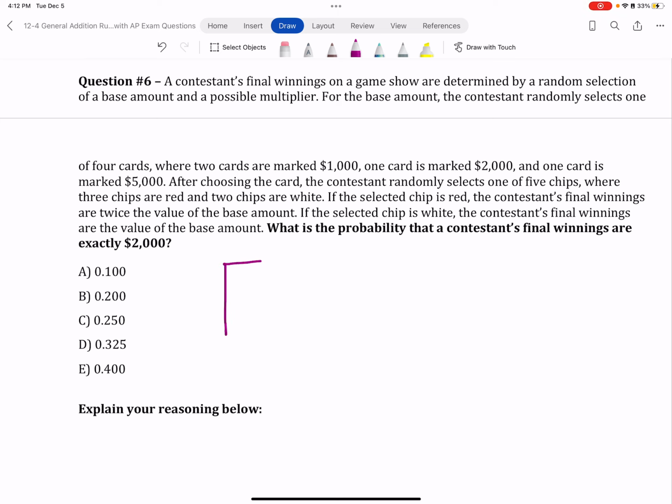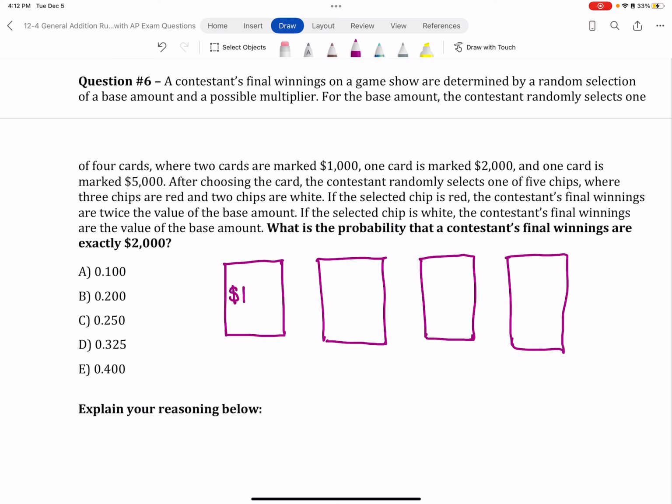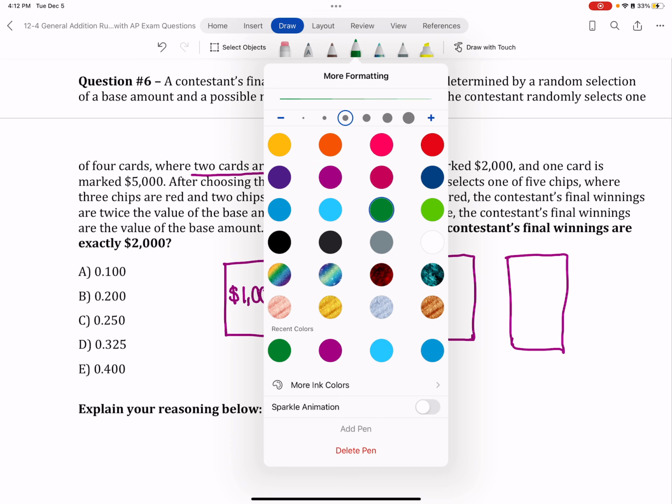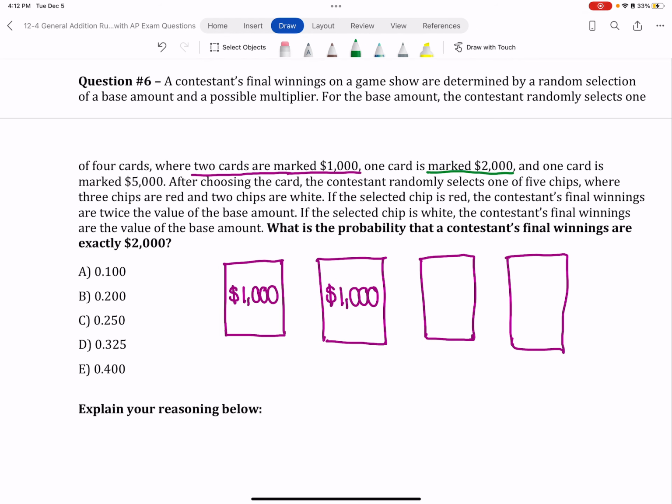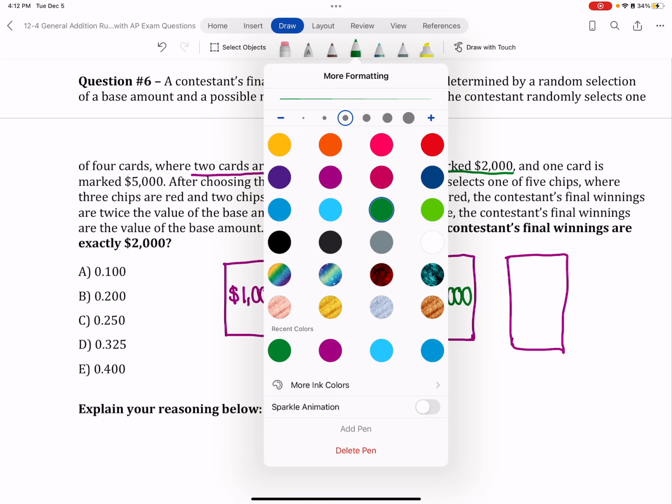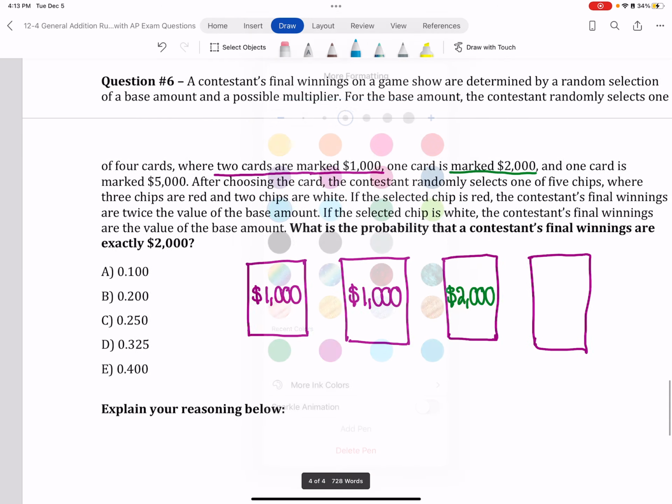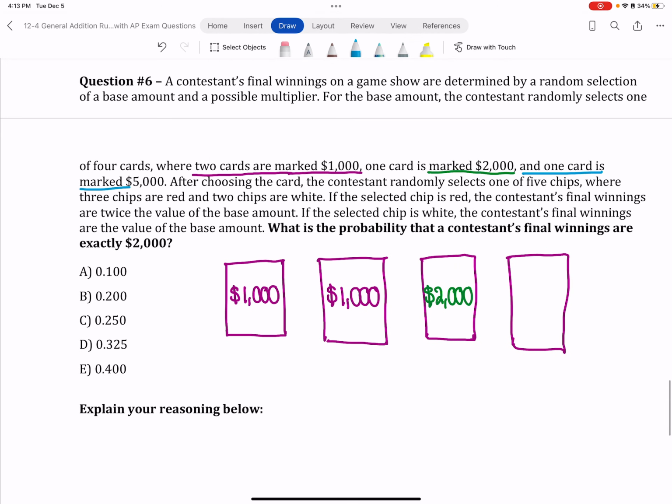And we have one is $1,000. Another one is $1,000 because there are 2 cards that are marked as $1,000. 1 card is marked as $2,000. And lastly, 1 card is marked as $5,000.